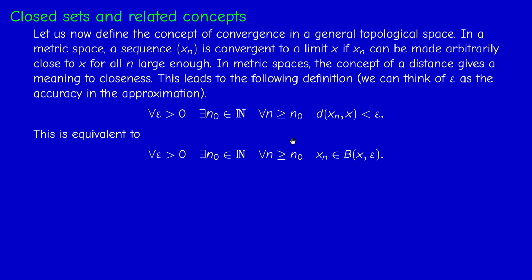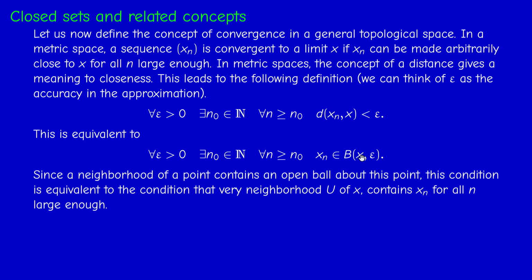Now, we want to extend this definition to the general case of a topological space. So let us rewrite this definition in a slightly different form. The fact that the distance between xn and x is less than epsilon means precisely that xn belongs to the open ball of center x and radius epsilon.